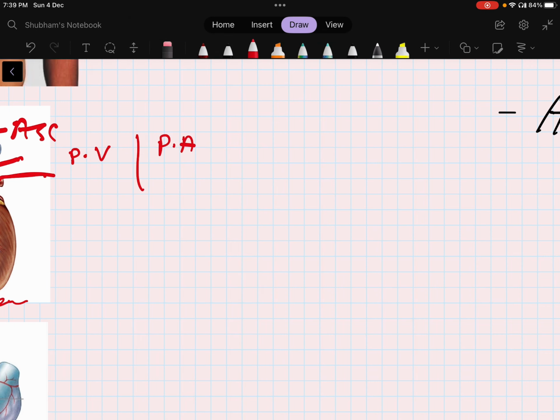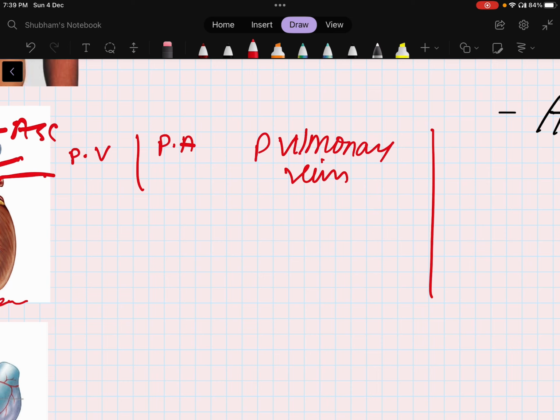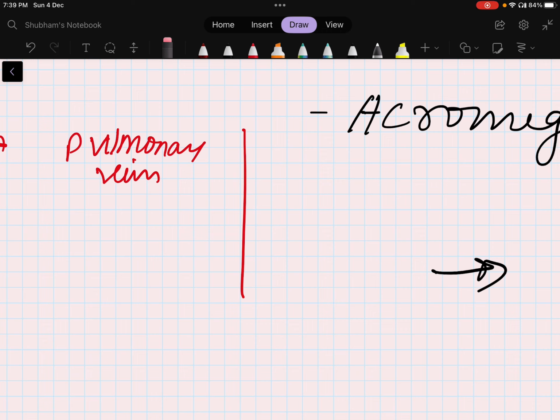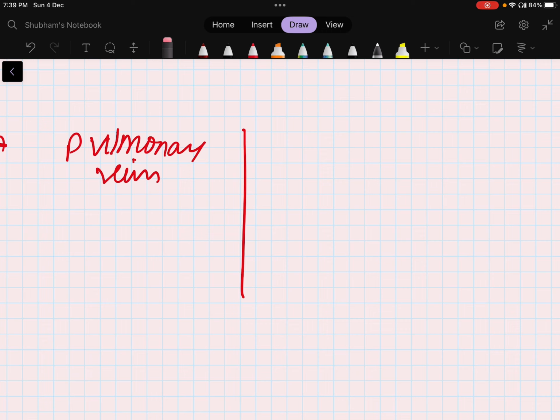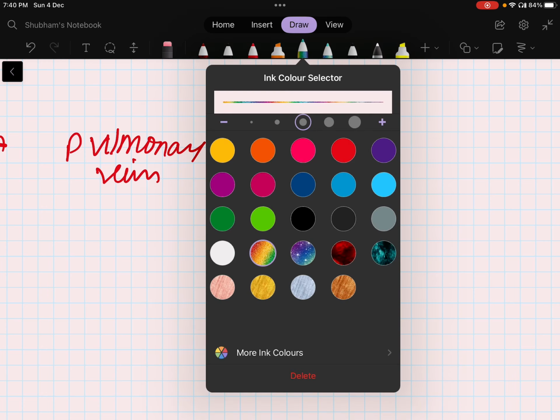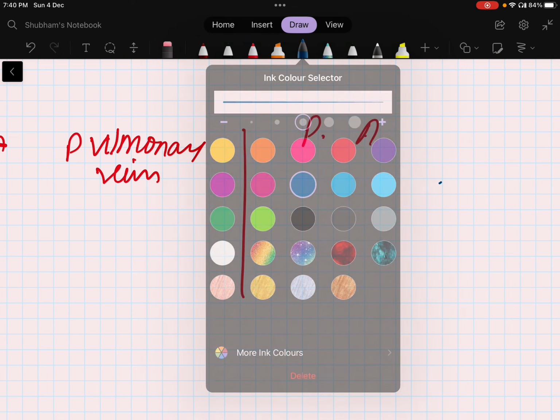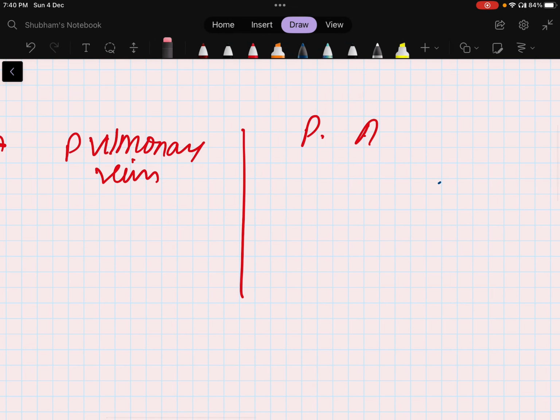Many people ask me, sir, what's the difference between pulmonary vein and pulmonary artery? Let's just write it with a different color. Pulmonary artery.